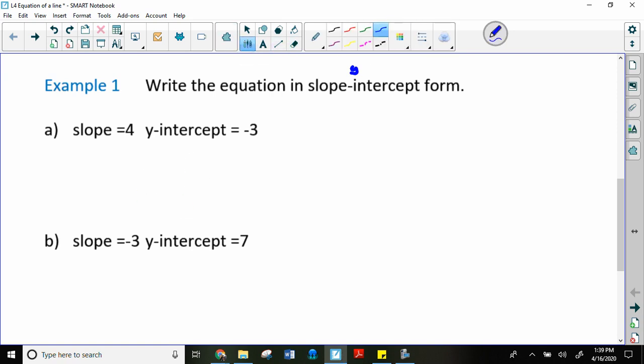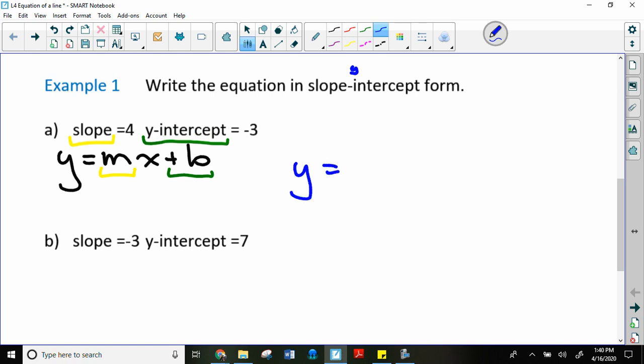We want to use this equation here, y equals mx plus b, and we want to replace the m with the slope and the b with the y-intercept. So our equation is going to be y equals, replace the m with the slope, 4x, replace the b with the y-intercept, negative 3.